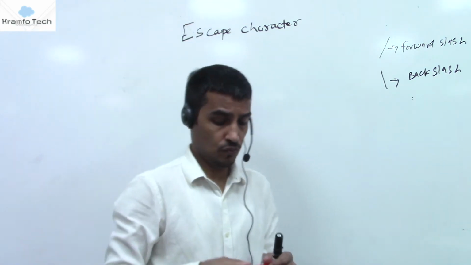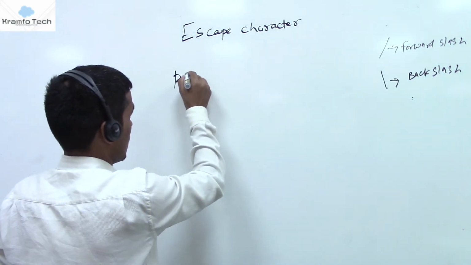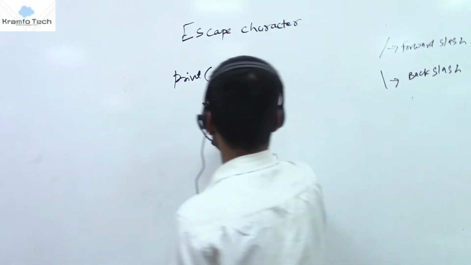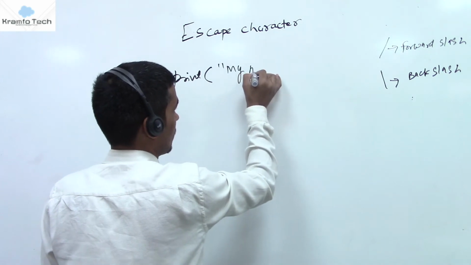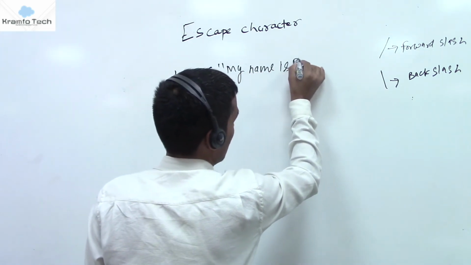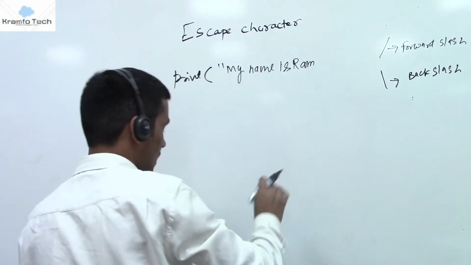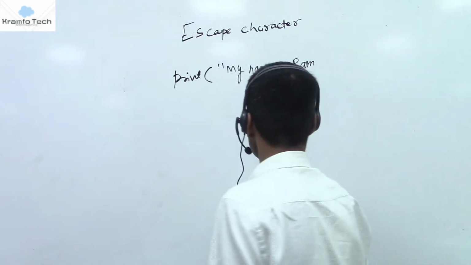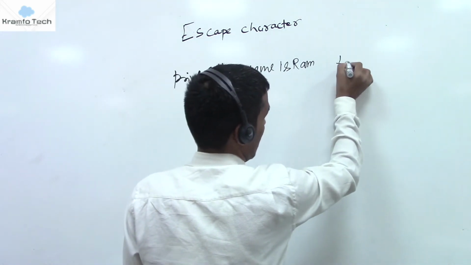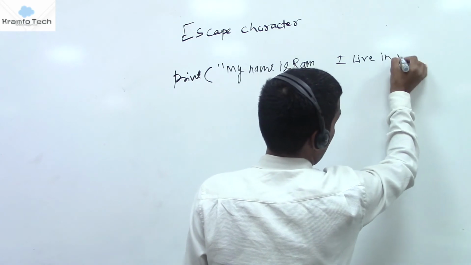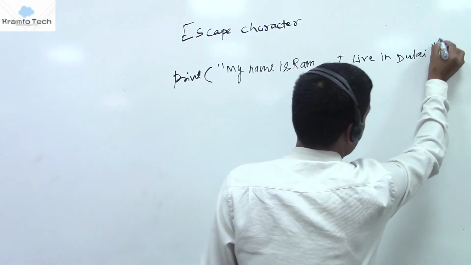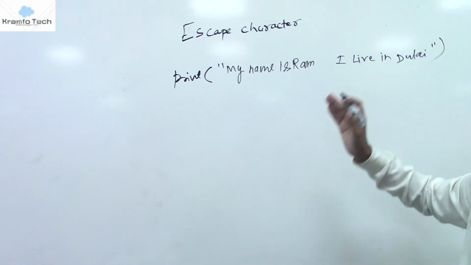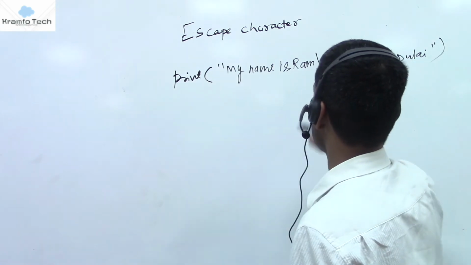Suppose I'm going to print a string: my name is Ram, and in the same line I keep writing, I live in Dubai. If after printing the first part you want the rest to come on a new line, here I can use backslash n.